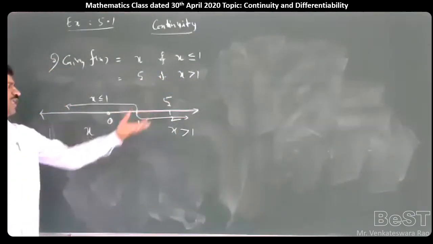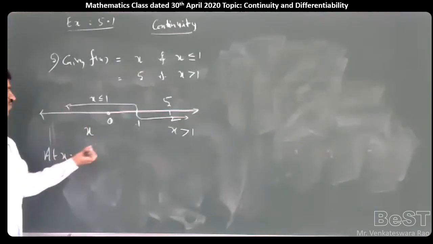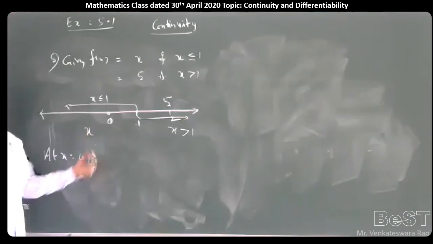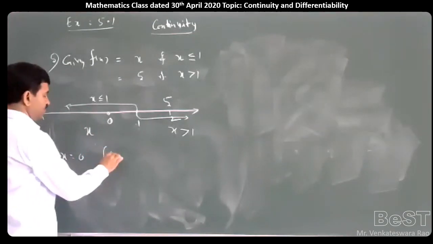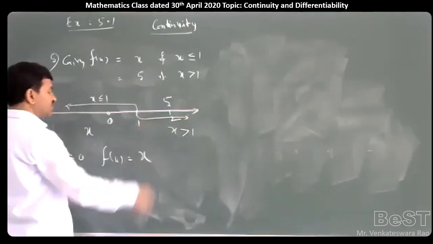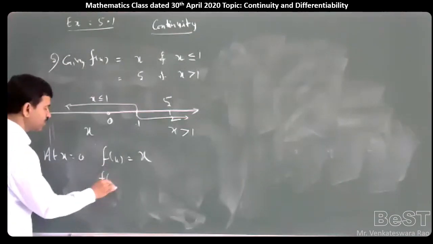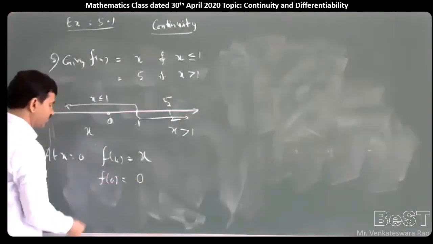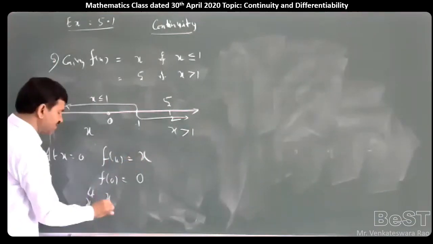Denoting on the real line, at x equals 0, which function do we take? F of x equals x. In two ways, you can find the function value and the limit value. We will practice the definition. What is f of 0? 0. Limit as x tends to 0 of f of x, which is x.